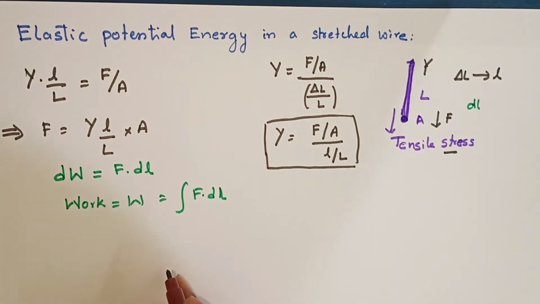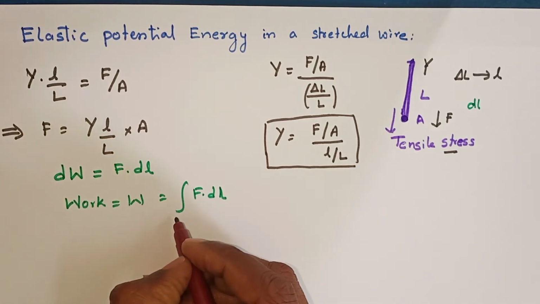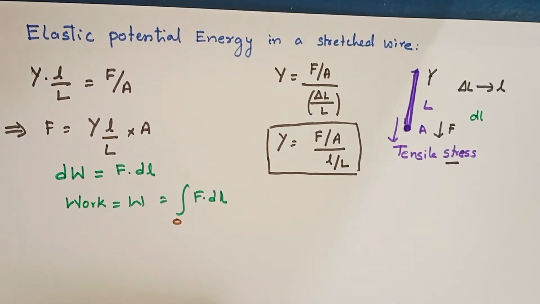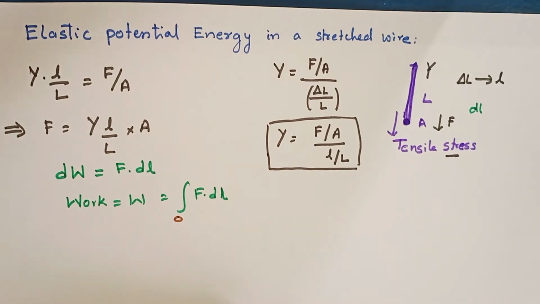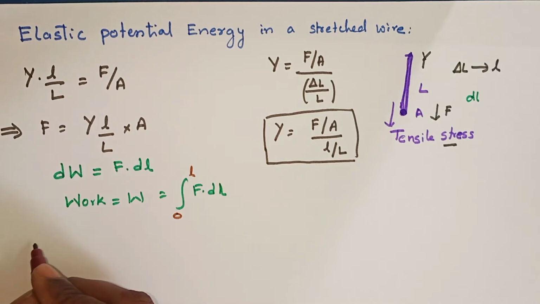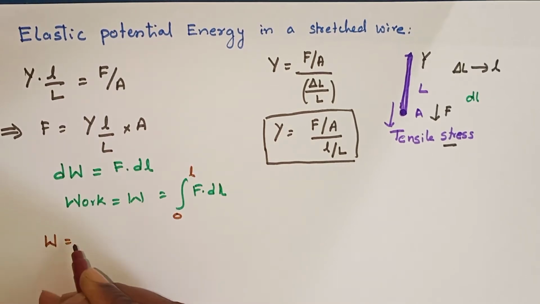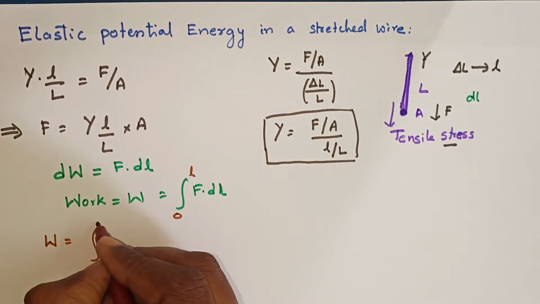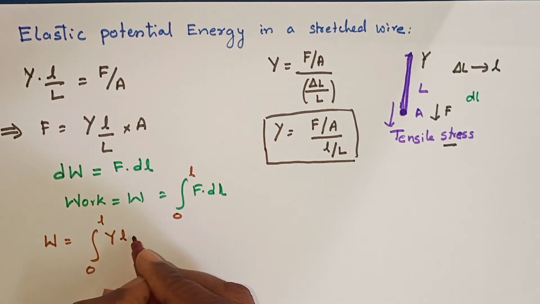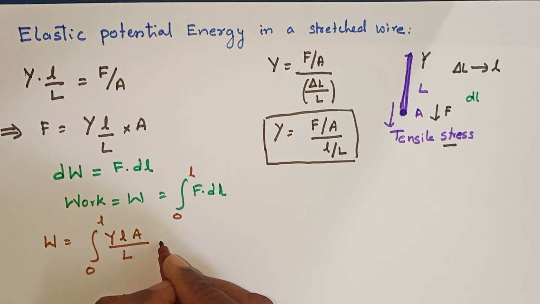Now what are the limits for this? Initially there was elongation 0, to the final elongation l. So W is equal to the integral from 0 to l of Y l A by capital L dl.